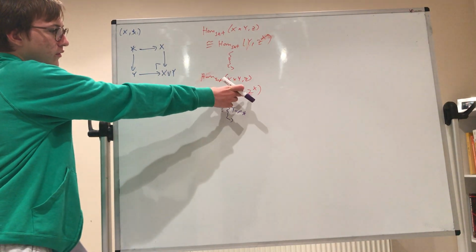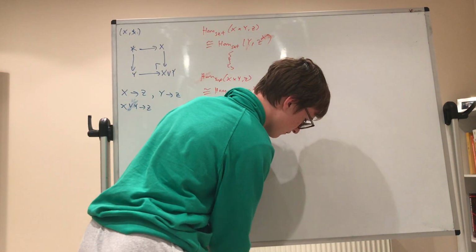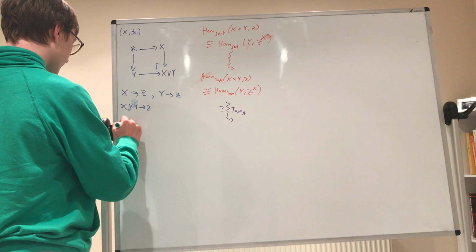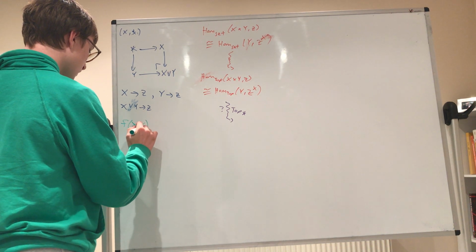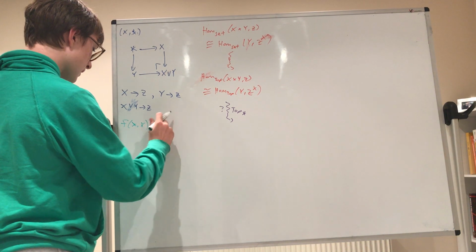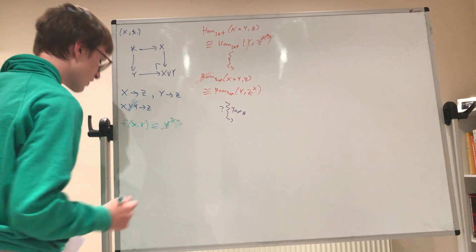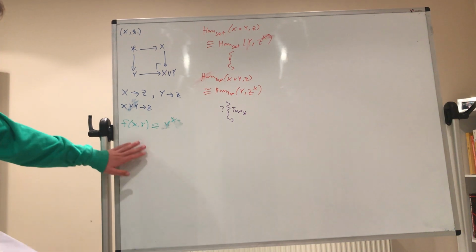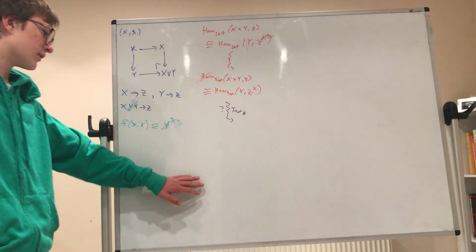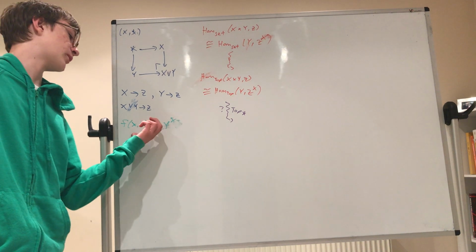Firstly, we'll define F of X, Y to be the subset of this space Y to the X along with the subspace topology, and it's a based space. So it consists of based maps between X and Y, which are continuous maps of course, and the constant based map is the base point of this space.